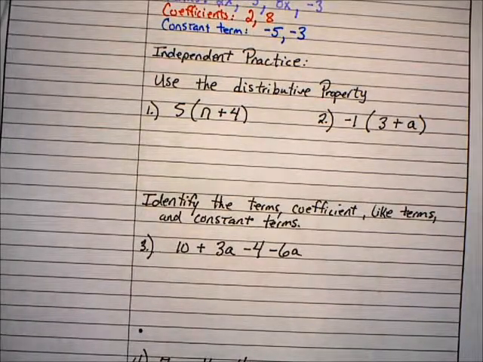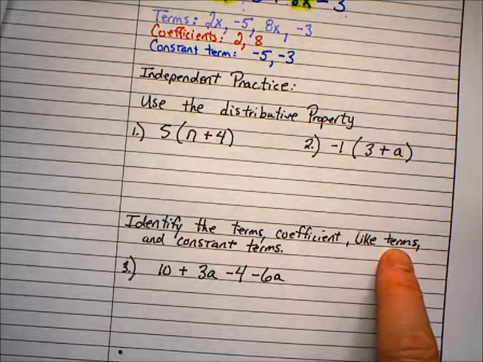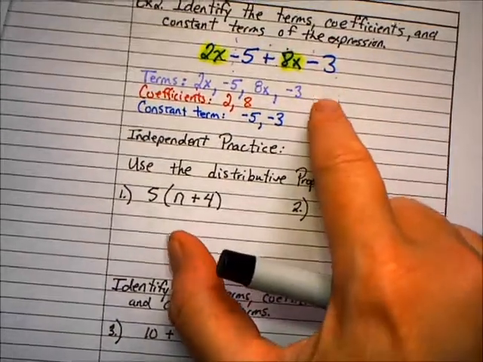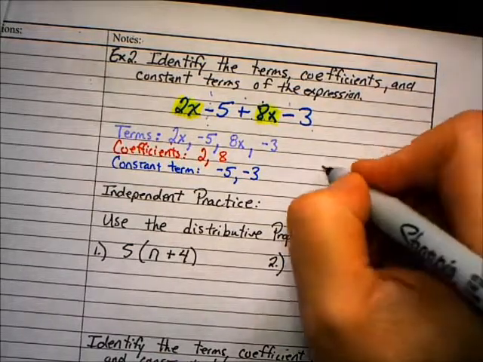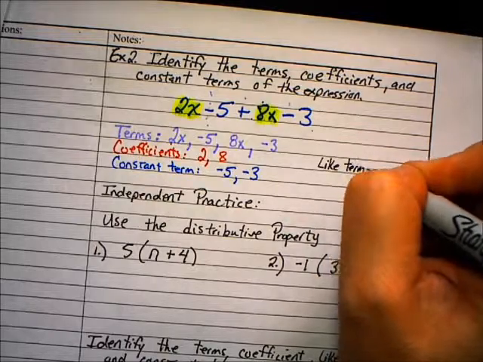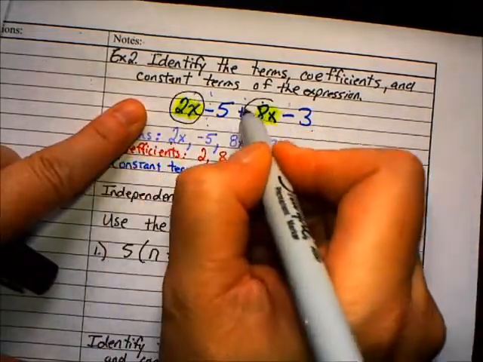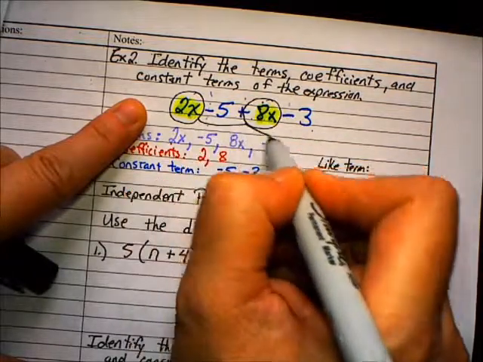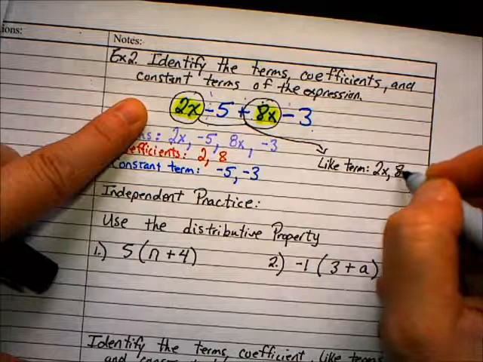Okay, I need to add one thing I just noticed. Right here in the practice problem, it has the word like terms that I did not identify up here on this example 2, so I want to add it on there for like terms. Like terms will be the ones that have both variables, so these two together will be your like terms. So this is where you put 2x comma 8x.